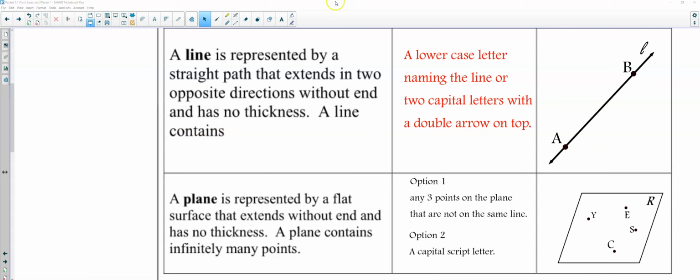So that's what you're going to write here: infinitely many points. Okay, a line has one dimension.